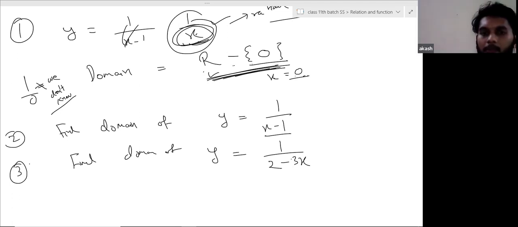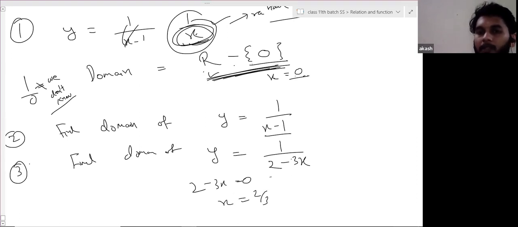So how can we solve this? Just put 2 minus 3x equals 0. So x will be 2 by 3. At 2 by 3 this becomes 0. So R minus {2/3} is the answer.